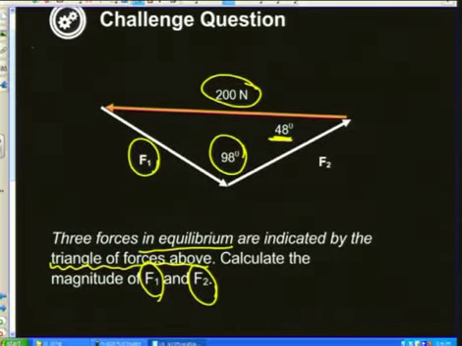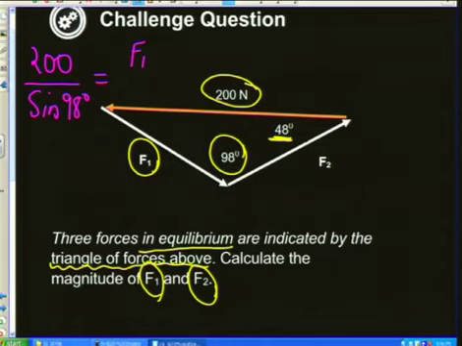Let me write here: 200 over sine 98 degrees is equal to F1 over sine 48 degrees.